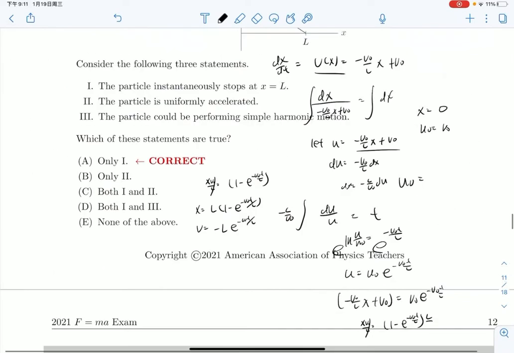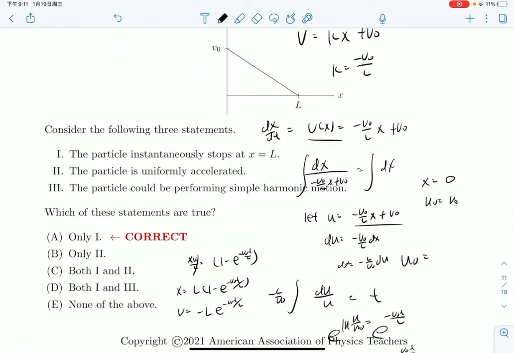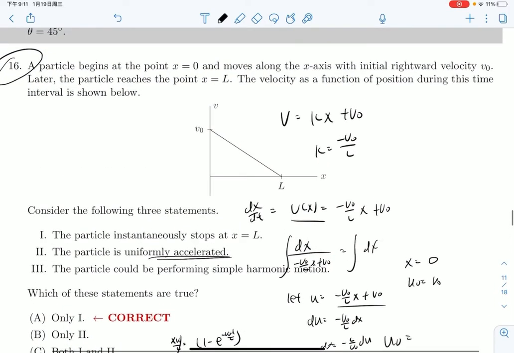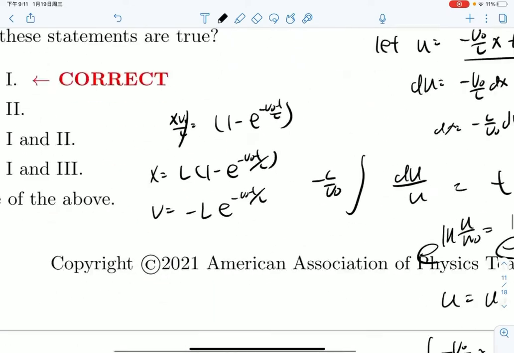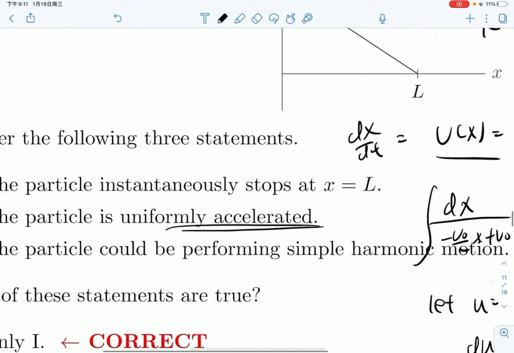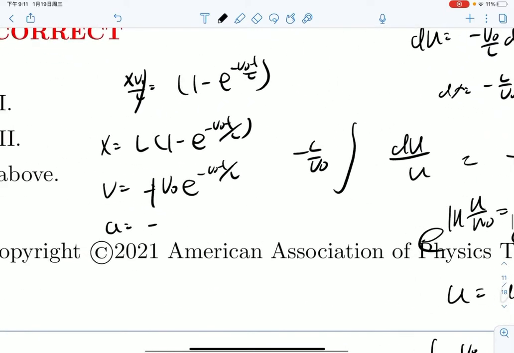And you can see that the particle is not uniformly accelerated. Because a is equal to, this one's v0 and this one's plus, so this term becomes negative v0 squared divided by L times e^(v0 t/L).